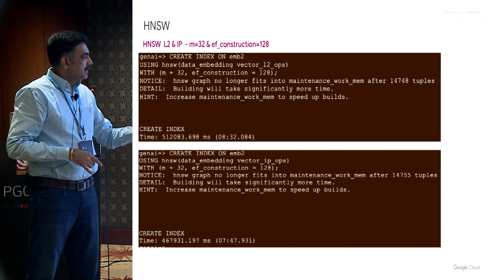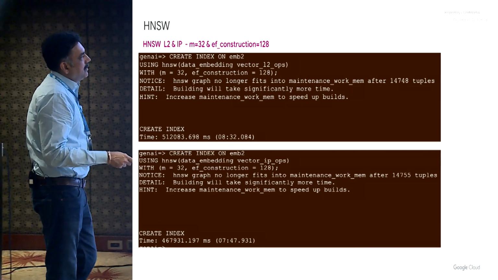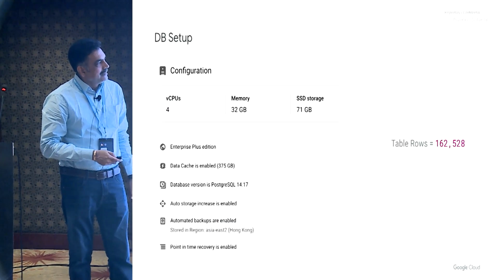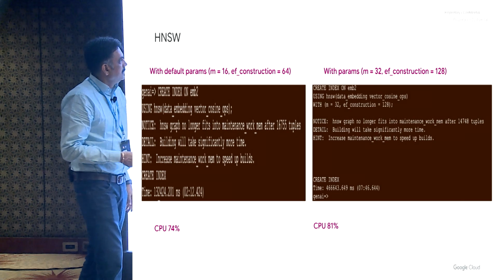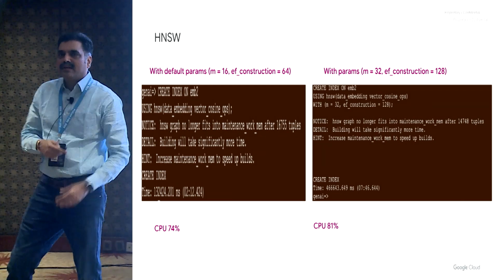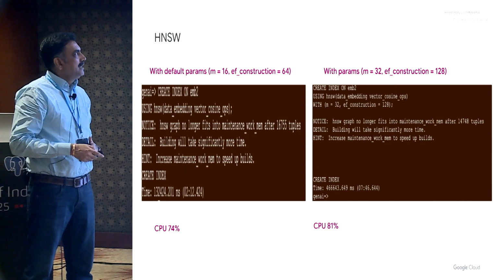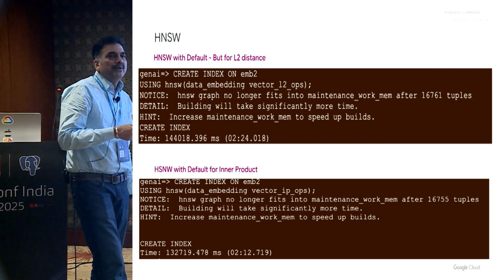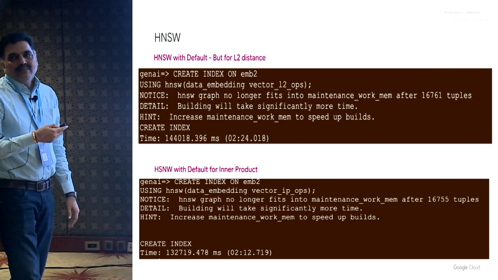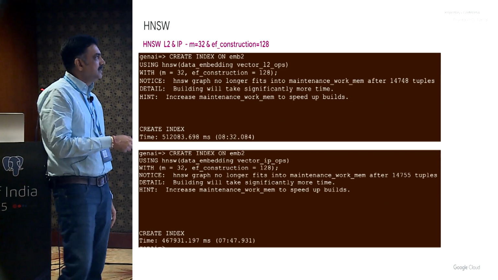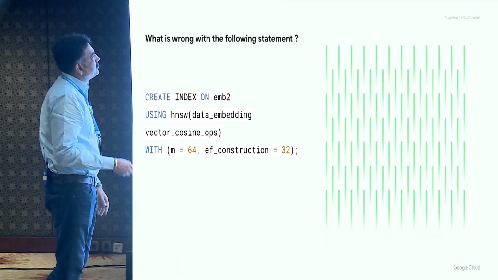You can see it took about 8 minutes, it took 7 minutes, and in the previous slide, sorry, 2 minutes. So here also it took 7.5 minutes. So it's in the same range for higher values also. That establishes that whether it's cosine, L2 or inner product, you will not have much significant impact unless we change the M value or the EF construction.